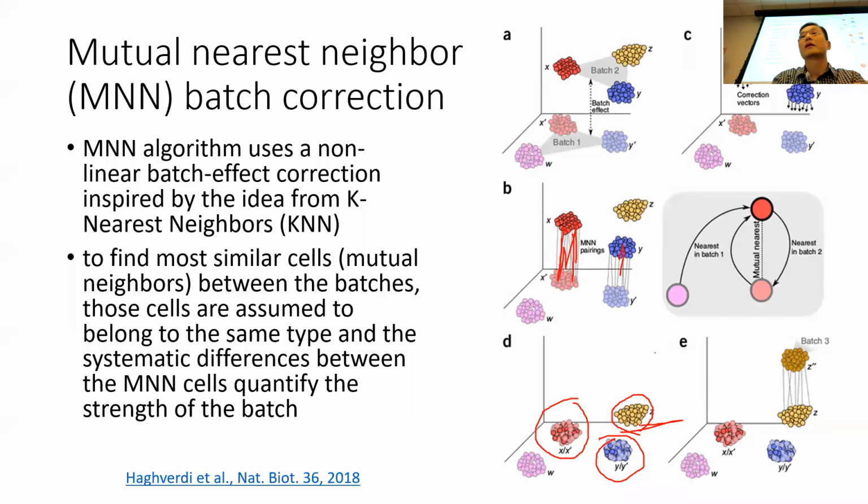Later, maybe batch 3 comes in, and you can redo this embedding and reduced dimension to merge cells. In this case, batch 3 shows mutual nearest neighbors with the yellow cells, and then you merge batch 3 into the shared space.